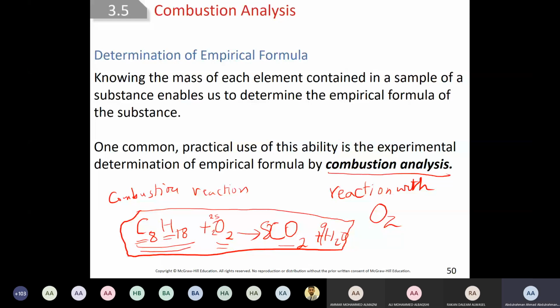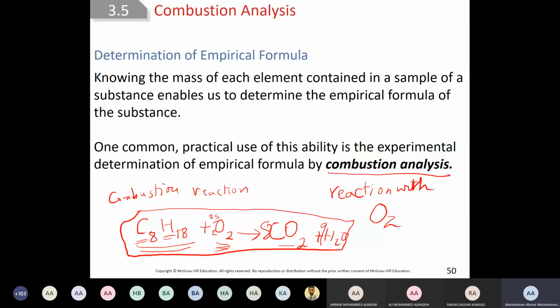But I'm not concentrating on balancing the equation now. I'm telling you that when you burn any organic compound, what you're going to get is CO2 and H2O.